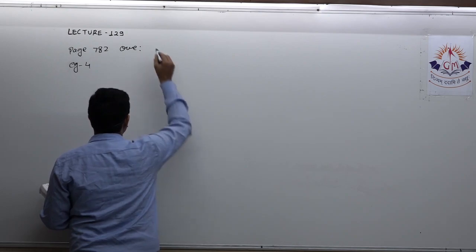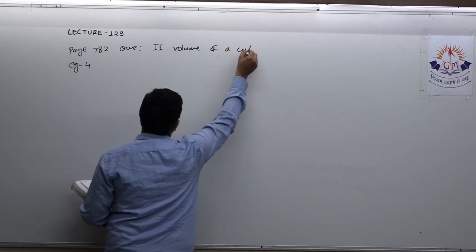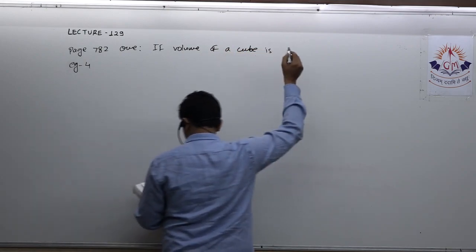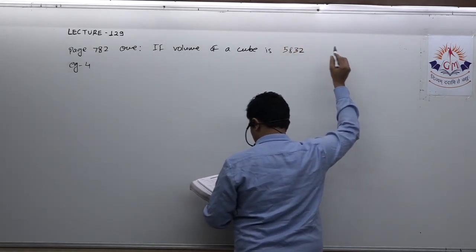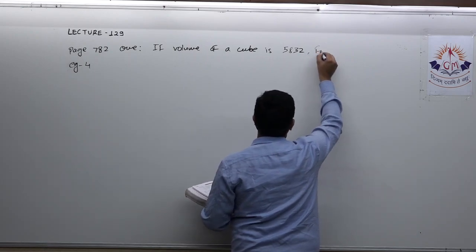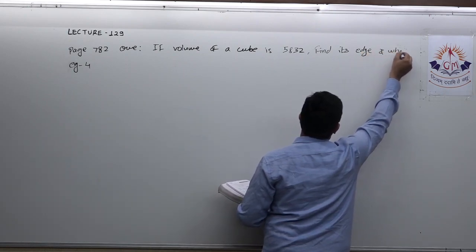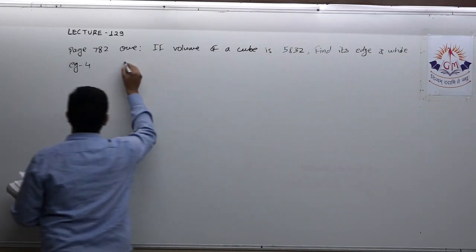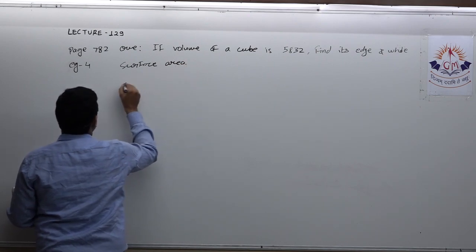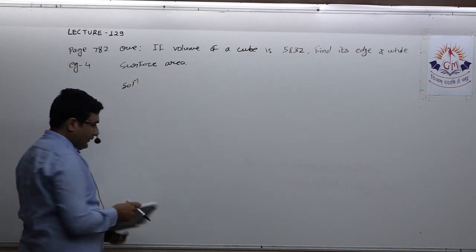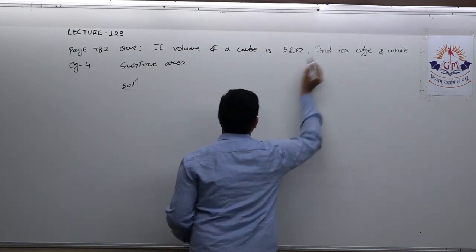If the volume of a cube is 5832, find its edge and whole surface area, that is total surface area. Now to get this total surface area we must need its edge. So even if it is not given in the question to find the edge, definitely we have to find it to get its total surface area.